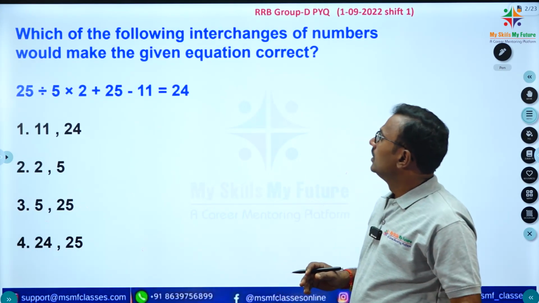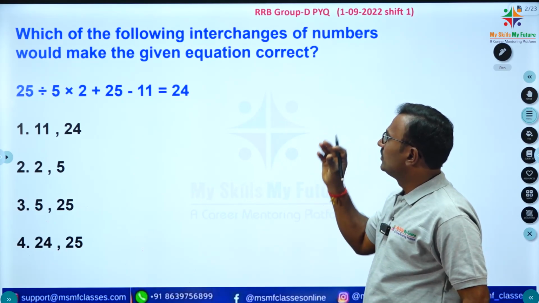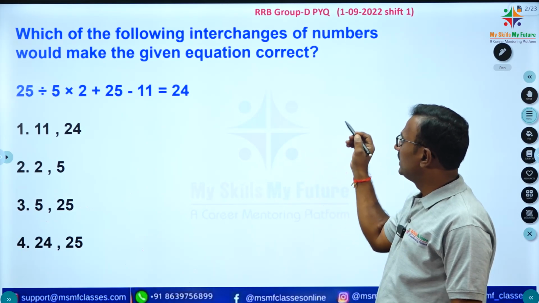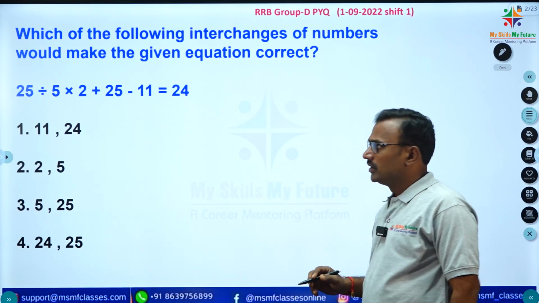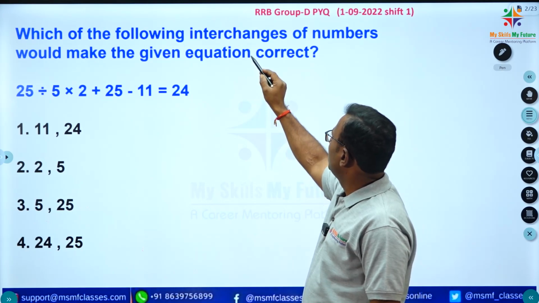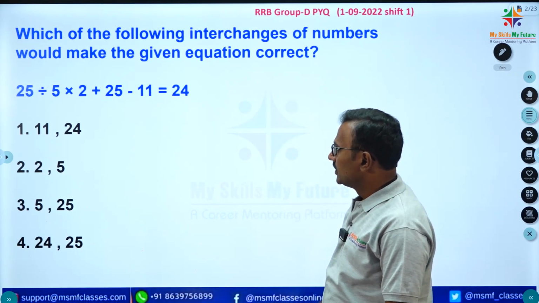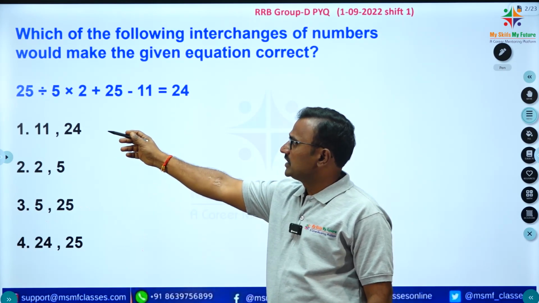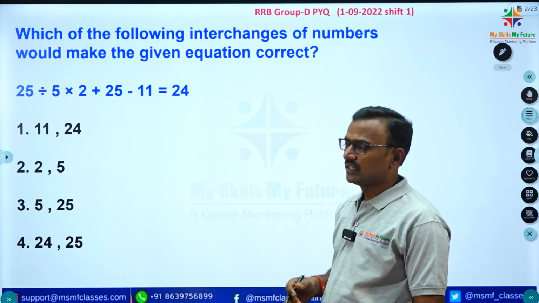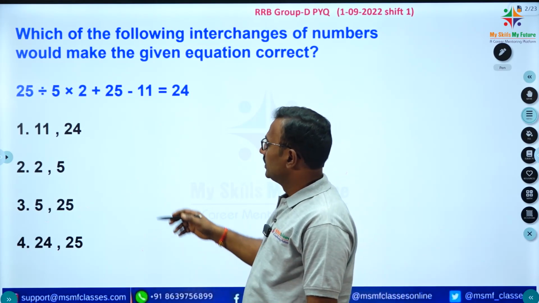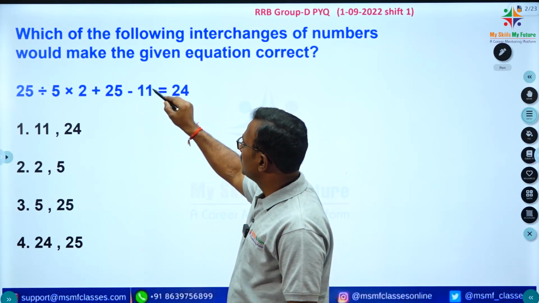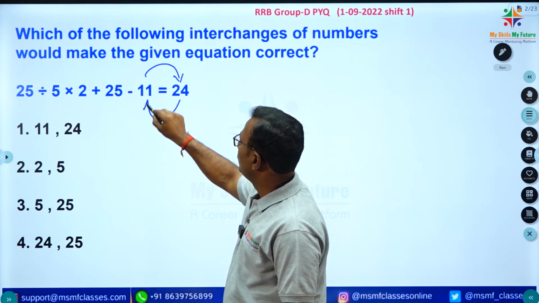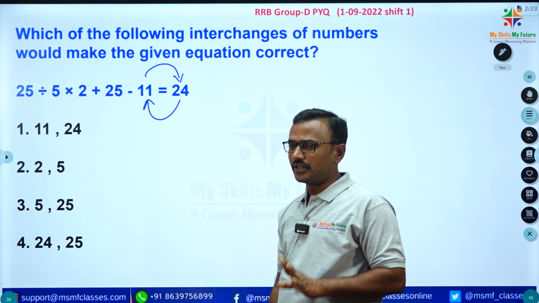See the question: which of the following interchanges of numbers would make the given equation correct? There are four options. If you see option 1, if you interchange 11 and 24, is the equation correct or not?